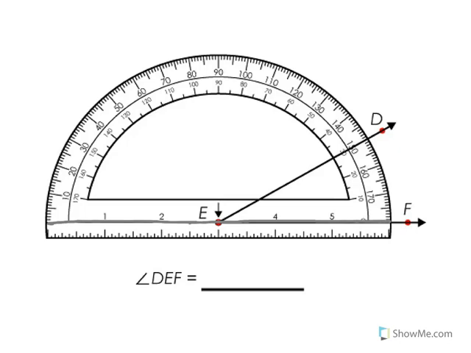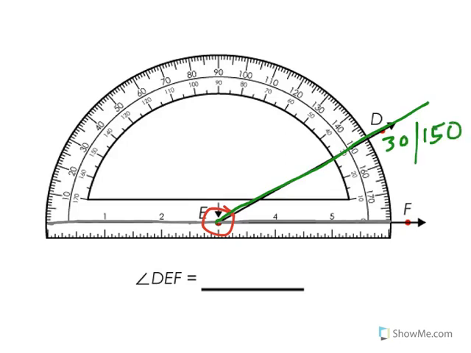Then, this dot right here, the point where the two rays meet, always has to go on the dot or the point of your protractor. Then, you follow this ray up to the number, and we see that it's at 30 and 150.